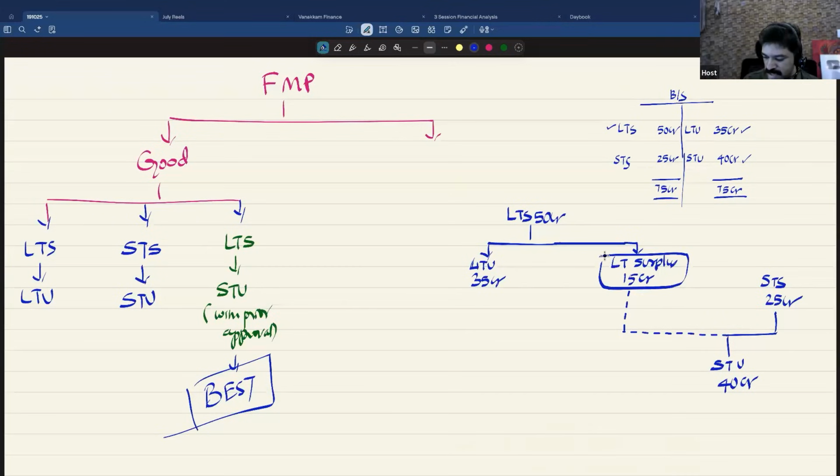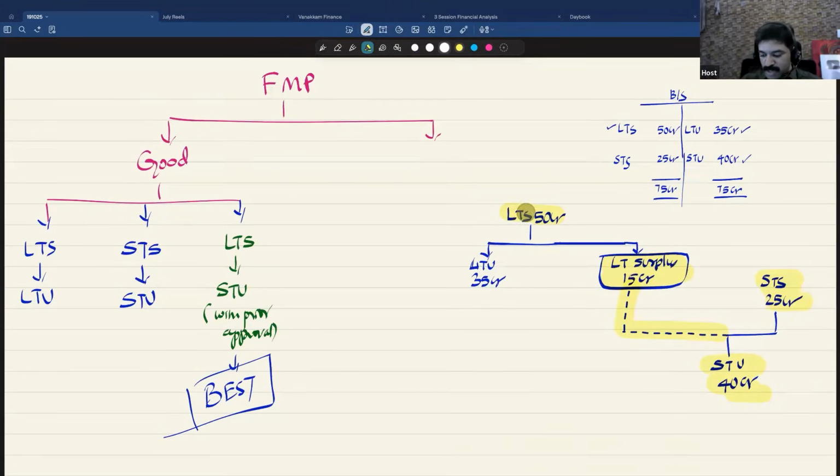And it is this surplus, follow me closely, it is this surplus of 15 crore from long-term source has flowed for building this short-term use of 40 crore. Are you all getting this picture? This 40 crore investment was made possible because they had short-term source of 25 crore and 15 crore, which is nothing but the long-term surplus.